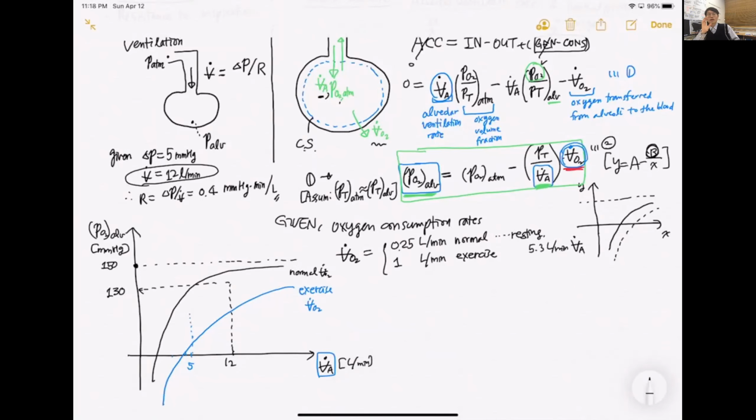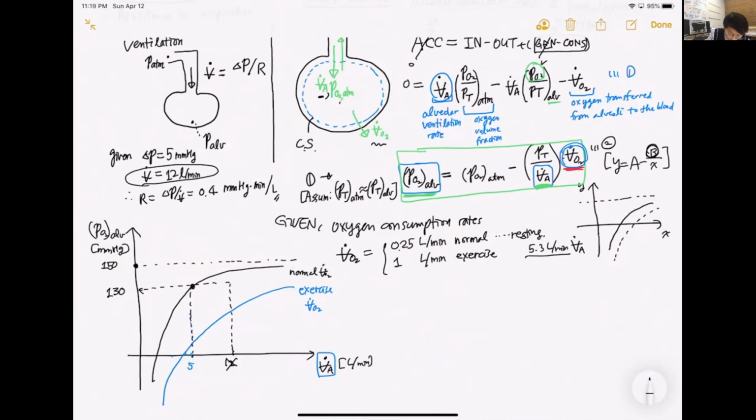Remember, of the total ventilation, only the part involved in actual gas exchange is the alveolar ventilation rate, which is not tidal volume, but tidal volume minus 150 milliliters times respiration rate. So which was about 5.3, then instead of this 12, let's say about 5, that actually gives about 130 mmHg of partial pressure in the alveolus.